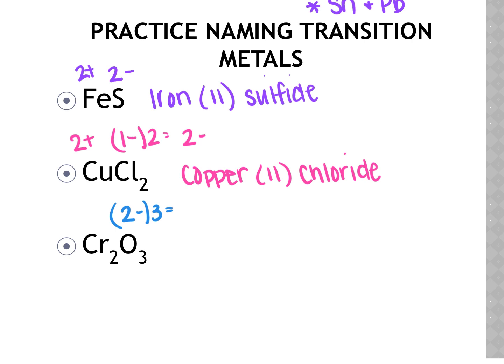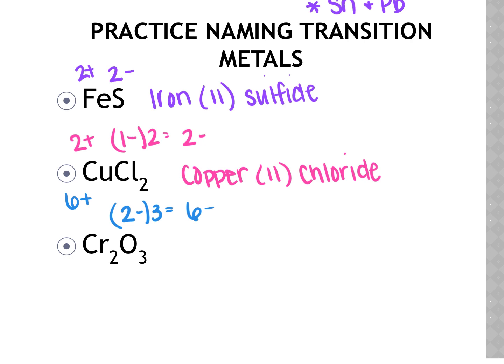So what's -2 times 3? Okay, so overall, this compound has a -6 charge. So what does the positive charge have to be to balance that? Okay. Got to have a +6. Now, how many chromium atoms are there? Okay, so this +6 charge gets distributed evenly amongst both of those chromiums.